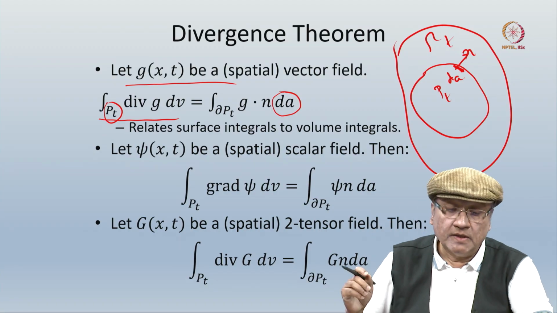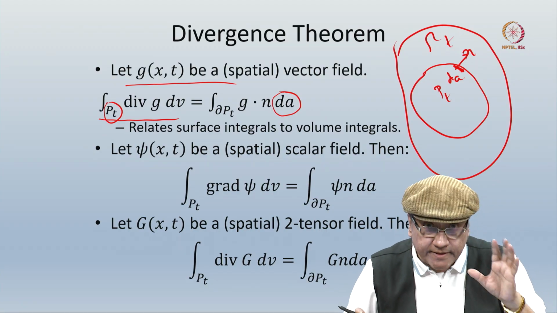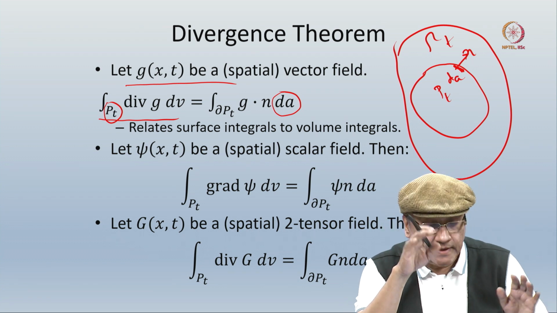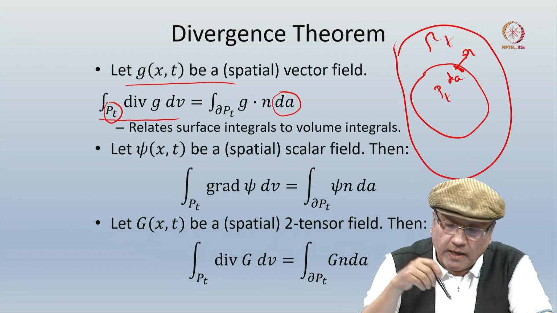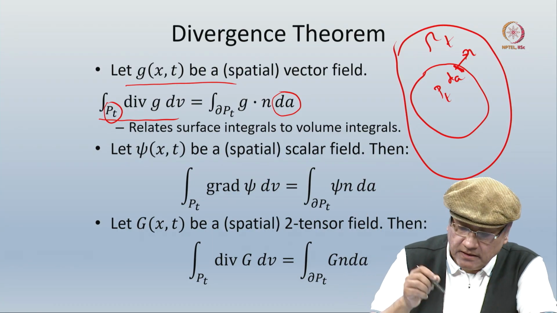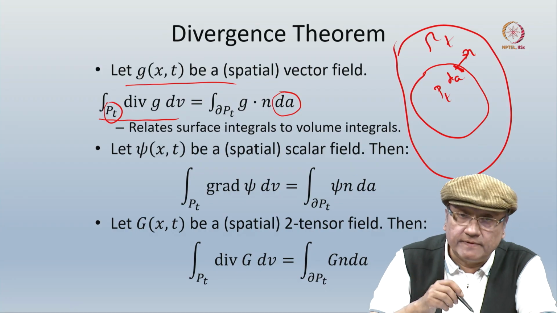So oriented elements of the surface are a very important thing to understand, otherwise you cannot define n, the normal, properly. This is one statement of the divergence theorem.